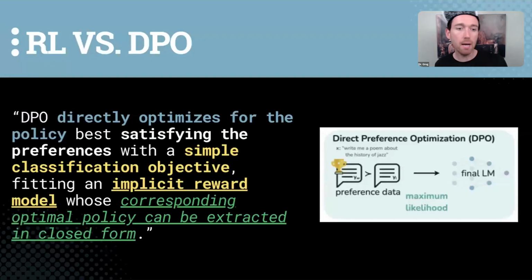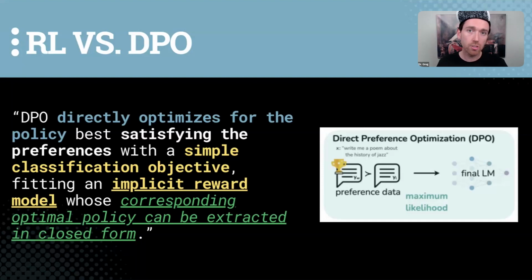by directly optimizing. And it directly optimizes, I'm going to give you some intuition behind this, using a simple classification objective. Okay, a simple objective and an implicit reward function. So I can't actually write down the reward function, although I can derive it. And it is derived in the paper. And this is the kind of thing that I would put together in a more detailed event on this.